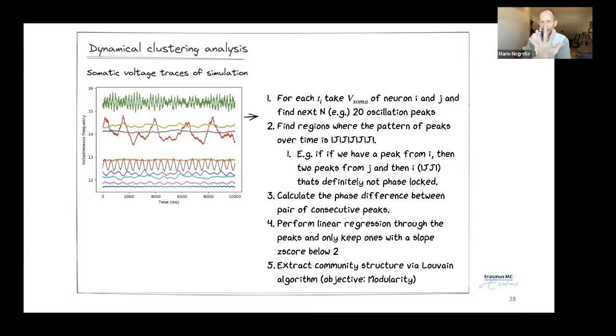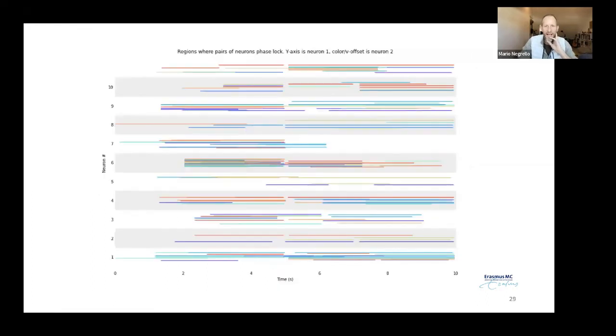They can only be phase locking if there's 1-to-1. We calculate the phase differences. We perform linear regression through the peaks, only keep the ones with a slope z-score below 2, and then we extract the community structure, that is, which cells are most likely together, via a Louvain algorithm, whose objective is modularity.